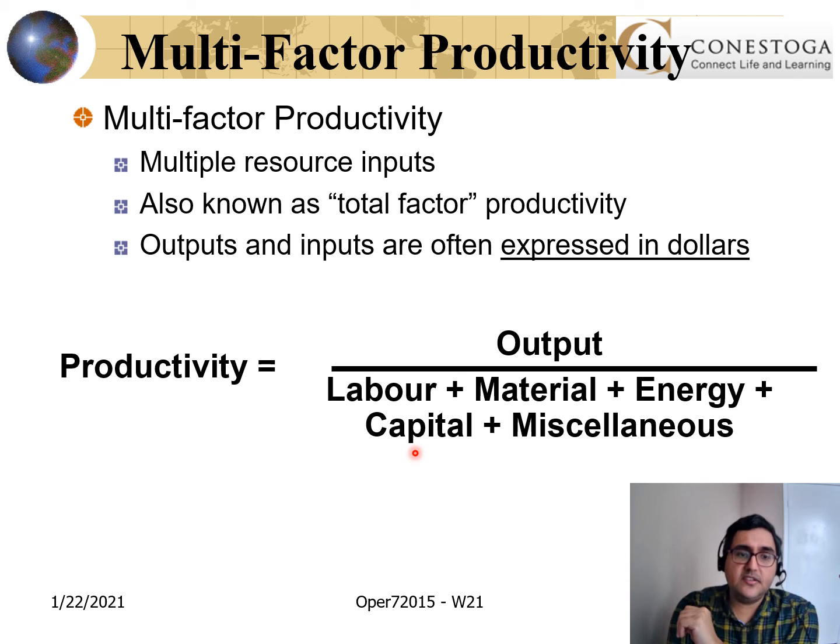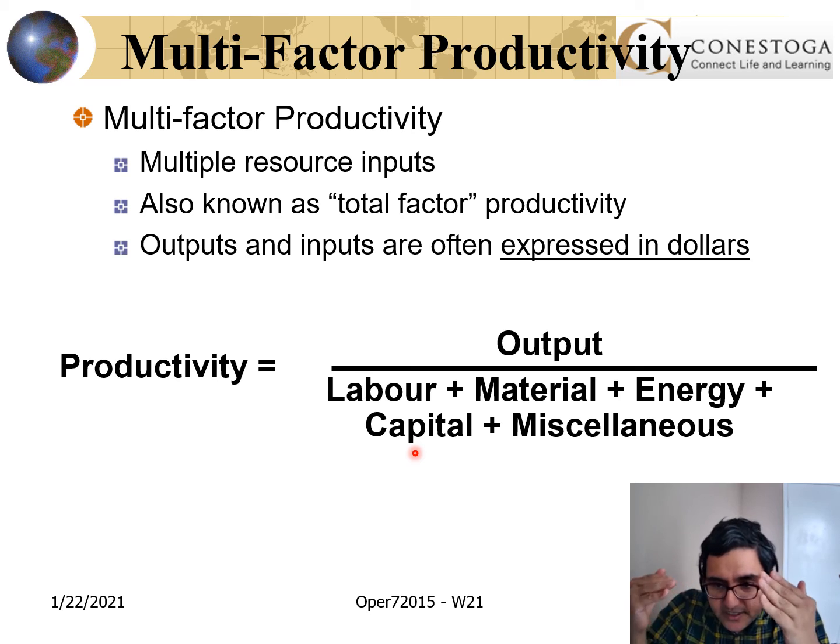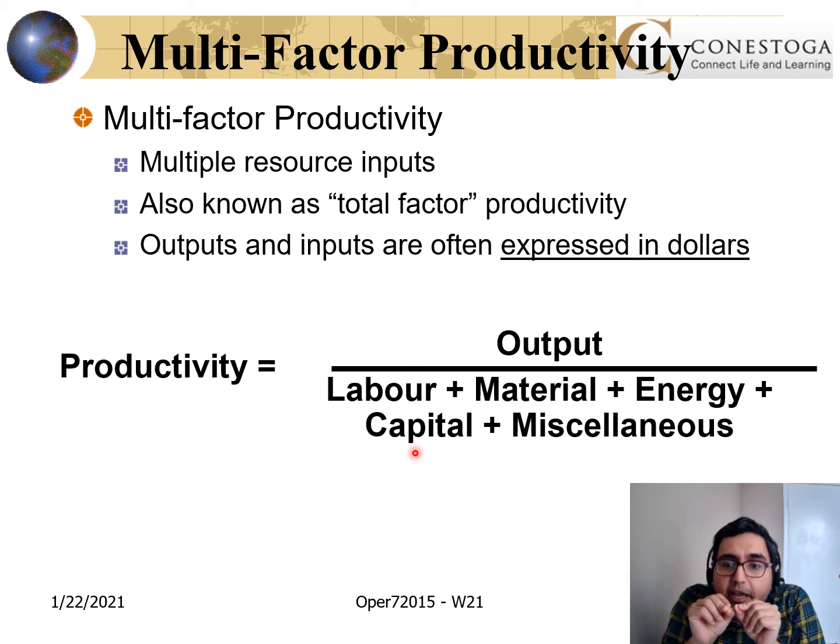So what it means is, if I spend, for example, $100 each day or $1,000 each day on a particular business, and my output is, say, $1,200. So that's my output. When I take this particular ratio, I know what's the overall productivity of my factory.